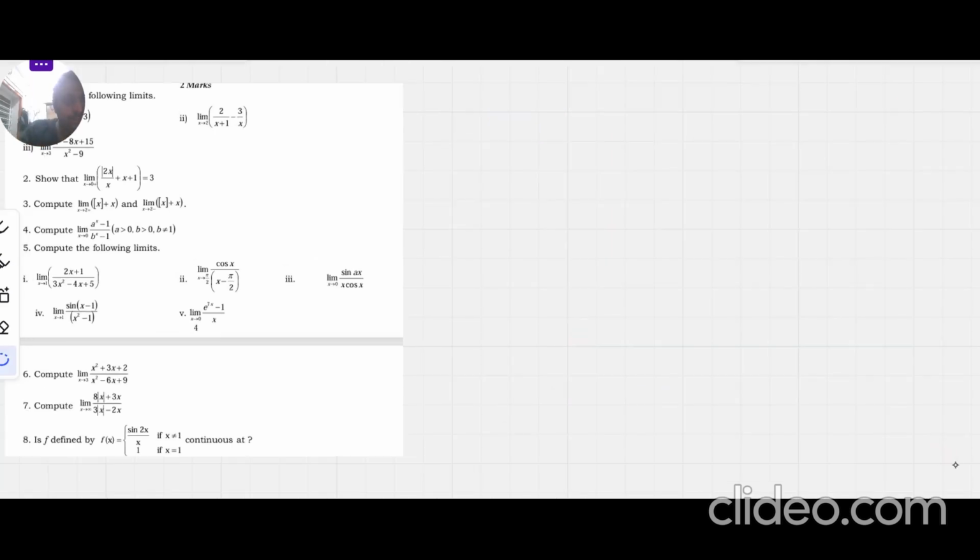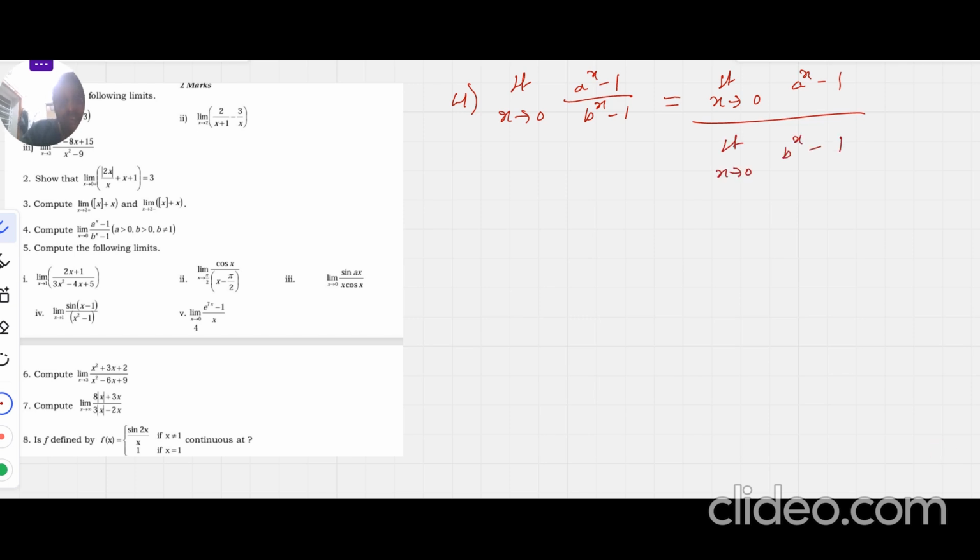Now the fourth question. Limit x tending to 0 of (a power x minus 1) by (b power x minus 1). You can write the limit for the numerator separately, limit of (a power x minus 1), by limit x tending to 0 of (b power x minus 1).